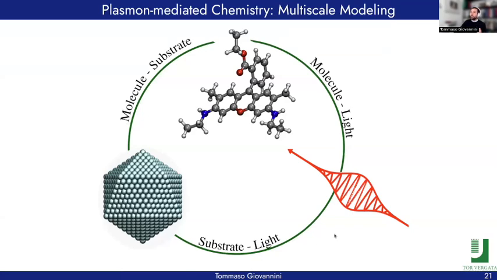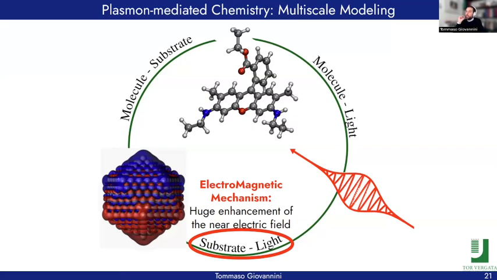But what differentiates these measurements, this spectroscopic signal, and this chemistry that happens near nanoparticles and plasmons is that the substrate and the light strongly interact. Actually, you create an electronic excitation, a plasmonic excitation of the nanostructure, that can enhance the electric field in the surface proximity by several orders of magnitude, modifying the electronic structure of the molecule near the surface.